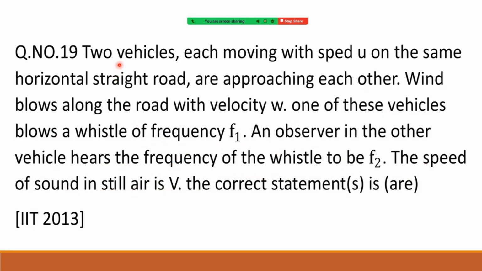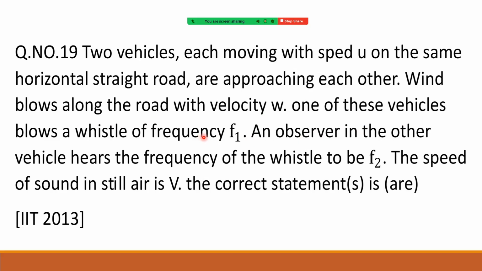So given two vehicles moving with a speed u on the same straight road approaching each other, and wind blows along the road with velocity w. One of these vehicles blows a whistle of frequency f1. Another vehicle is observing this frequency, given as f2.